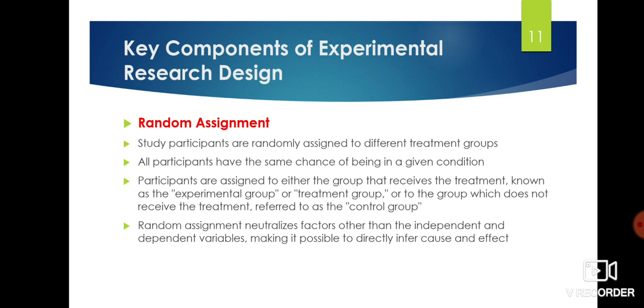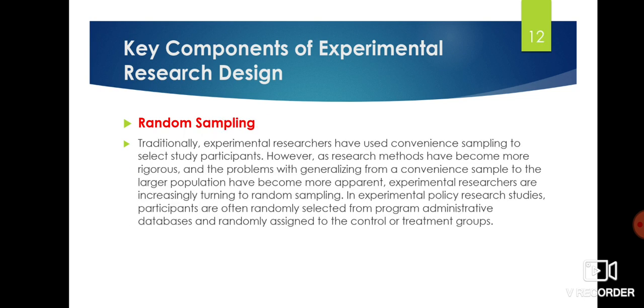At hindi talaga tayo may total control sa independent variable at pwedeng hindi din tayo makapag-random assignment kasi nga merong mga pre-existing characteristics. So, random assignment neutralizes factors other than the independent variables, making it possible to directly infer cause and effect. Random sampling, okay? Alam na natin, experimental researchers have used convenience sampling to select study participants.